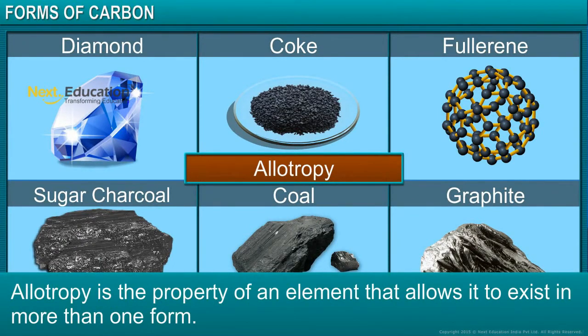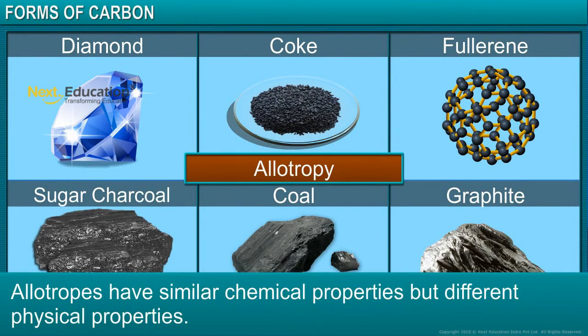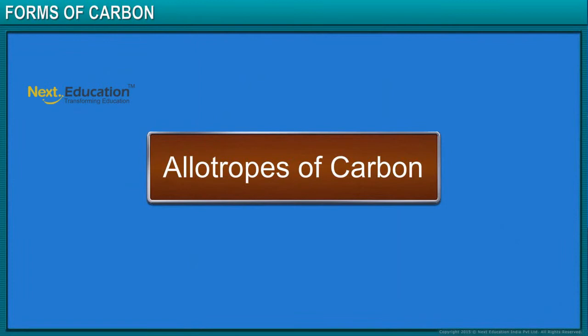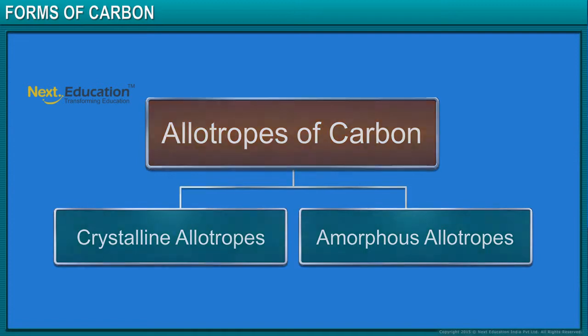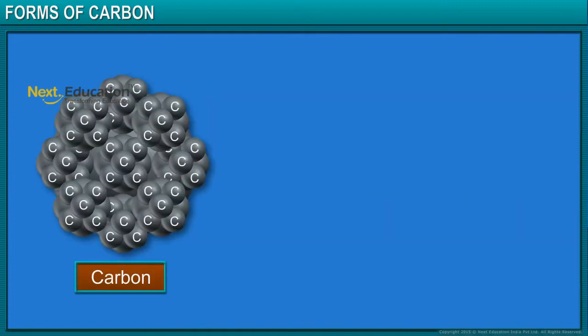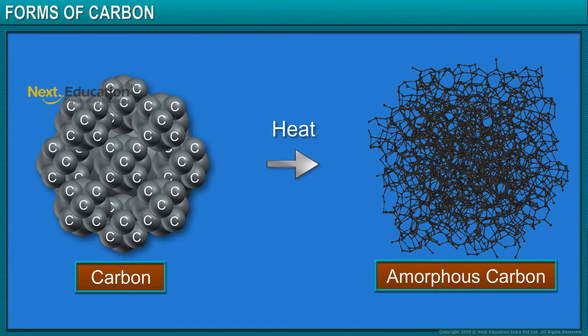Allotropy is the property of an element that allows it to exist in more than one form. In each of these forms, the chemical properties will be more or less similar, but the physical properties will be different. The allotropes of carbon are classified into crystalline forms and amorphous forms. The black residue left when carbon compounds are heated is called amorphous carbon.